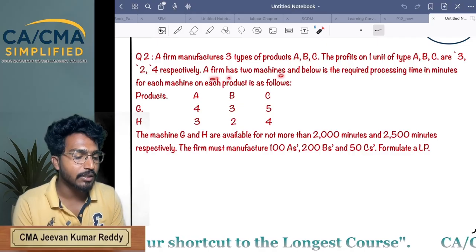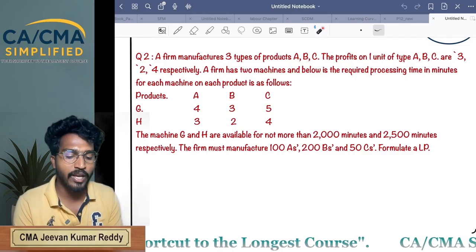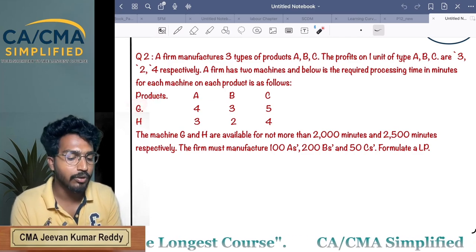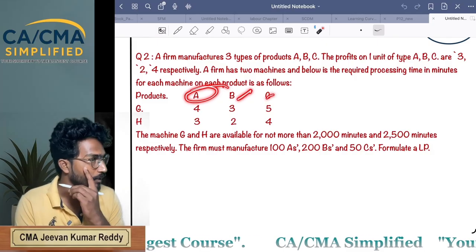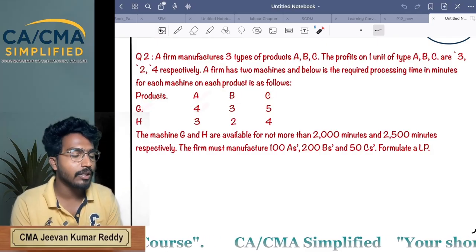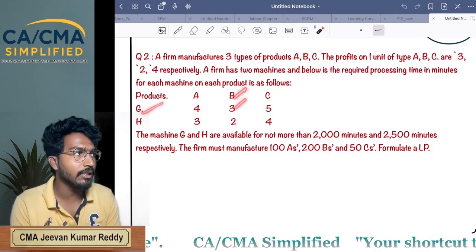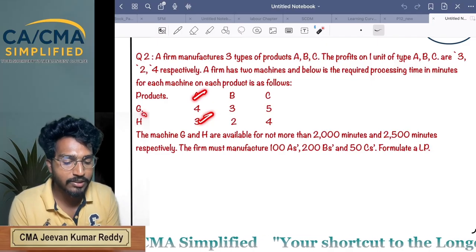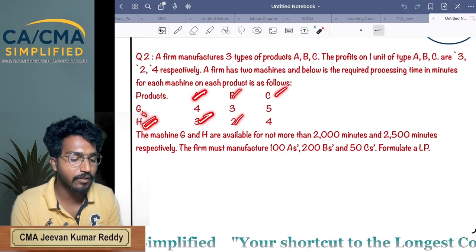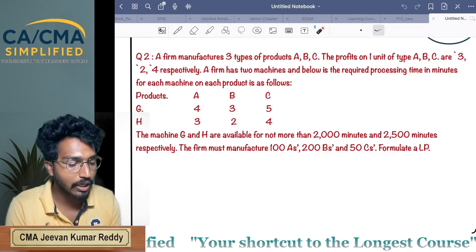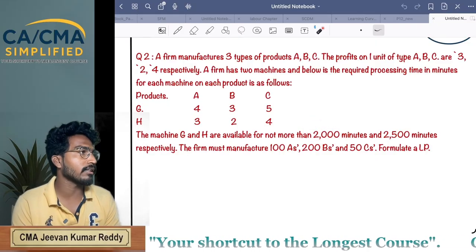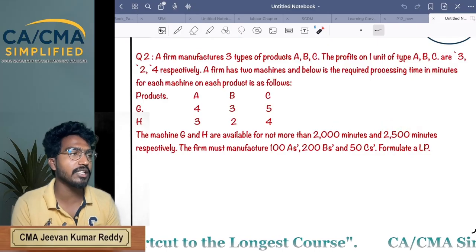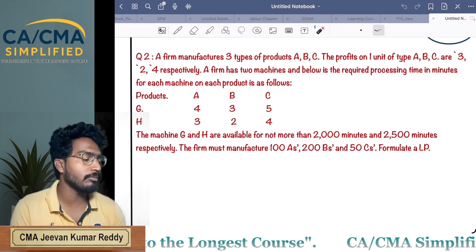The firm has how many machines? 2 machines, G and H. Using G and H, you are producing A, B, C. A requires 4 minutes of G, B requires 3 minutes of G, C requires 5 minutes of G. A requires 3 minutes of H, B requires 2 minutes of H, C requires 4 minutes of H. The total minutes available for machine G is 2000 minutes and for machine H is 2500 minutes.